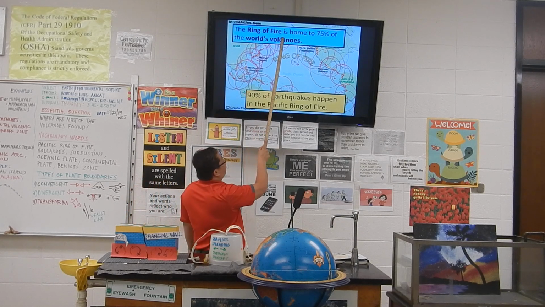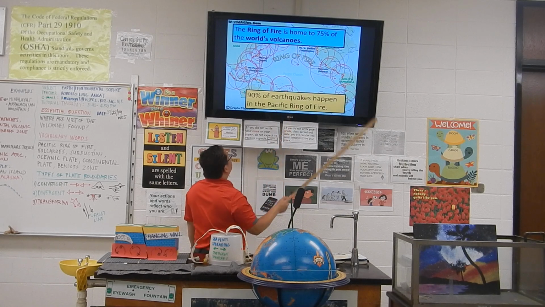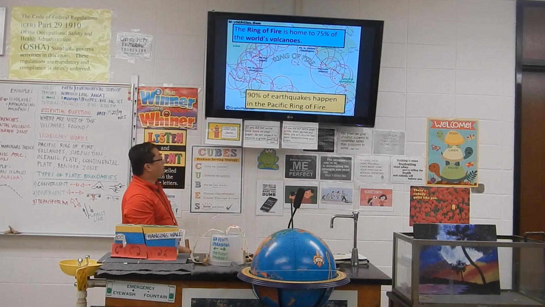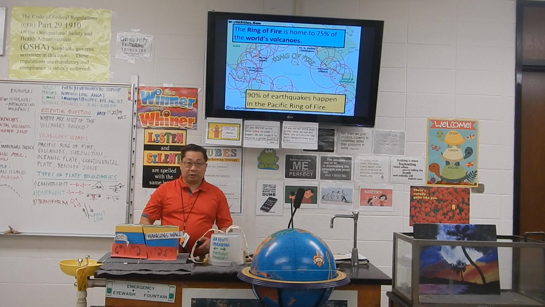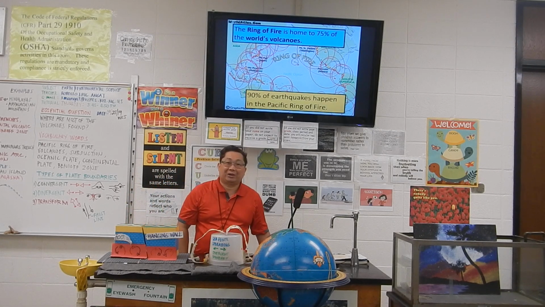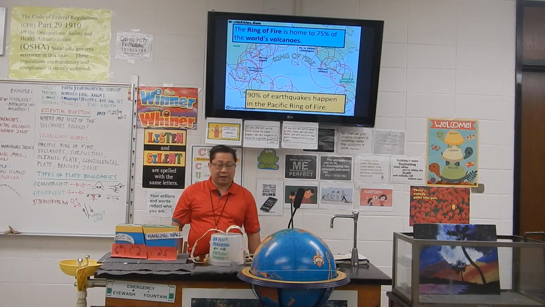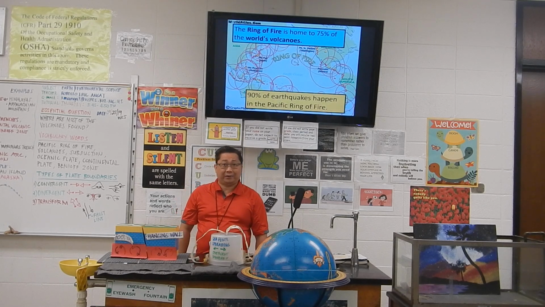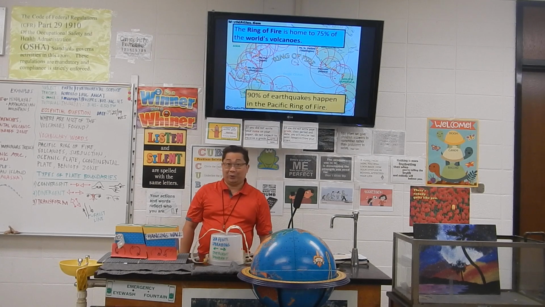The Ring of Fire is also the home to 75% of the world's volcanoes. Do you know the answer to the question, why are there so many volcanoes in the Pacific Ring of Fire? I hope you will.